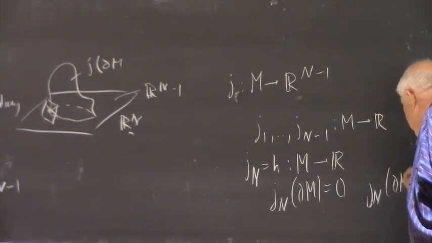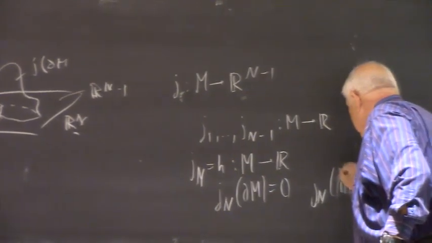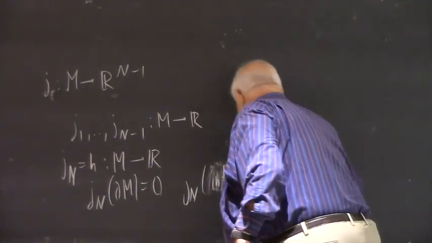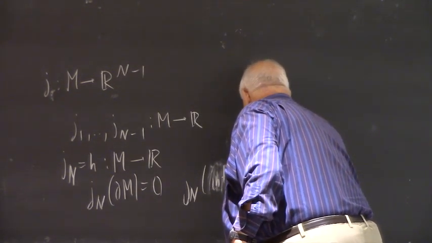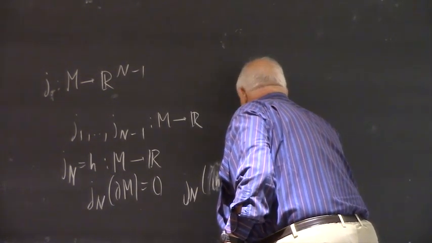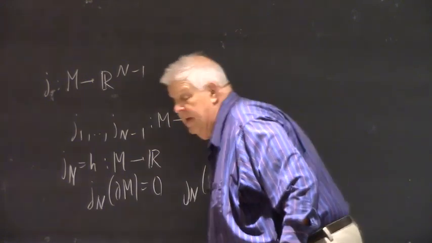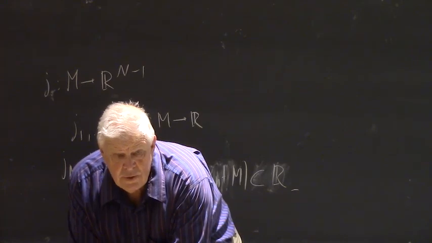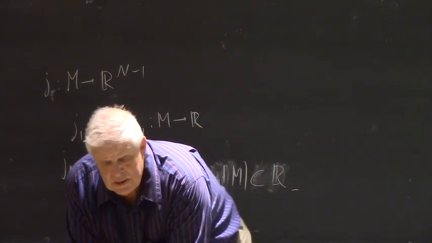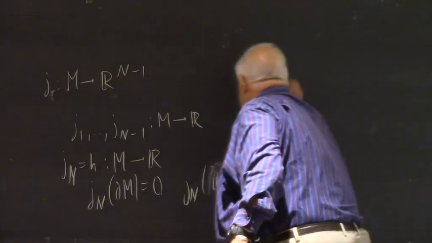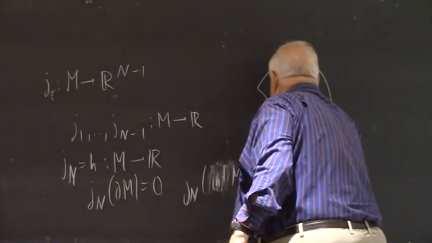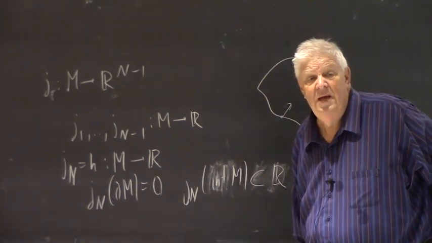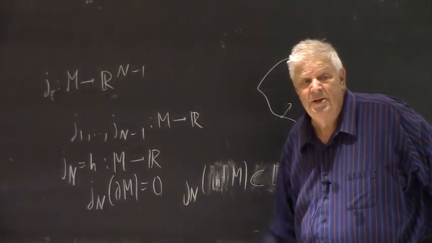negative inside, so this belongs to R minus, and also it should have no critical points at the boundary. So at the boundary, this function should have a non-zero derivative with respect to the vector directed inside the manifold.